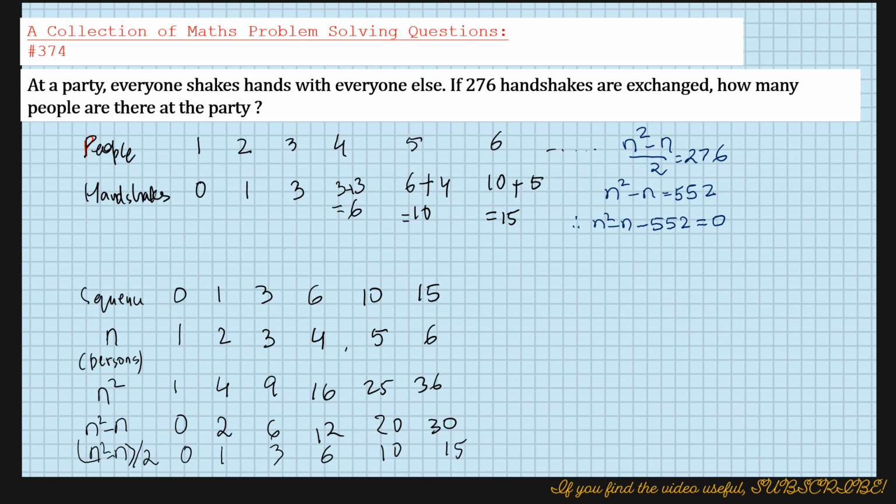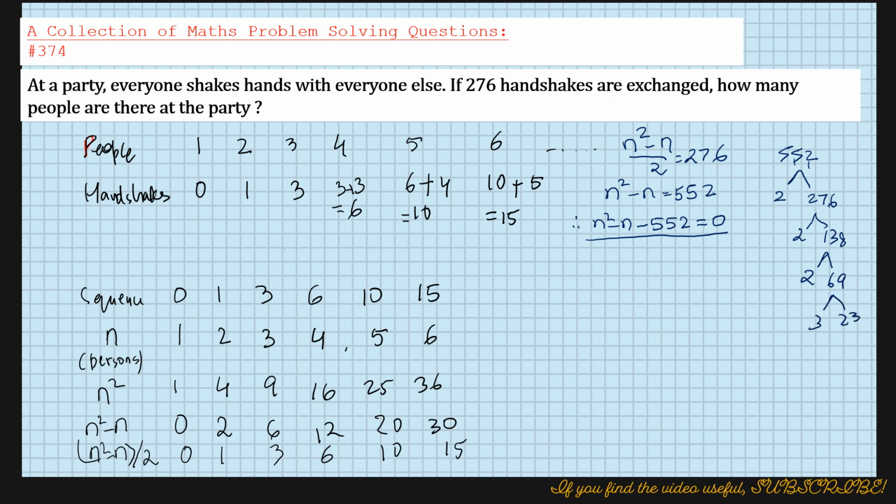So to solve this, we factorize it. If we have to factorize 552, we find the factors. Start with 2, the easiest thing to start with. 552 divided by 2 is 276, then 2 again gives 138, then 2 again gives 69, and 69 is 3 times 23.